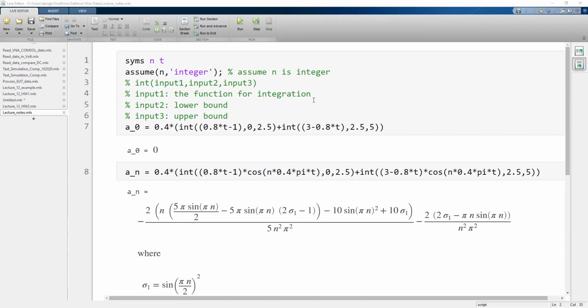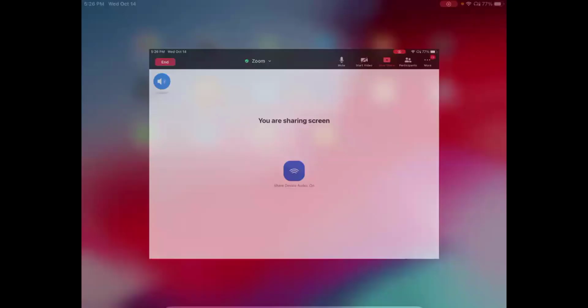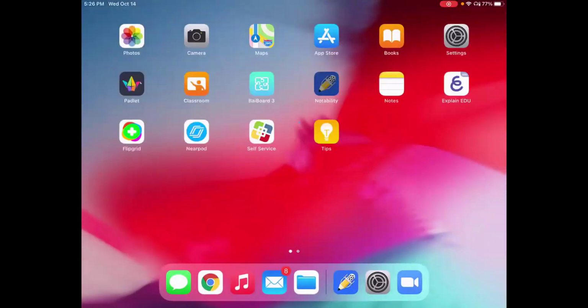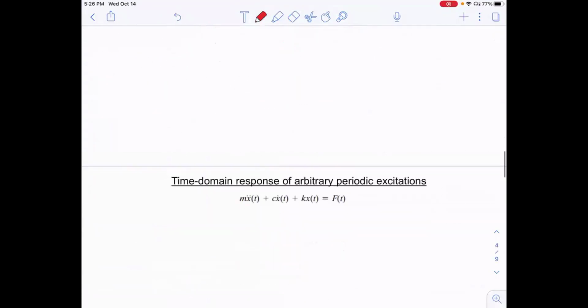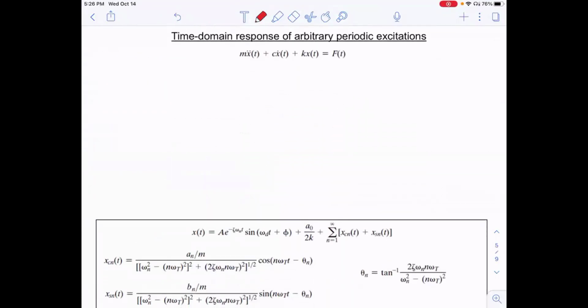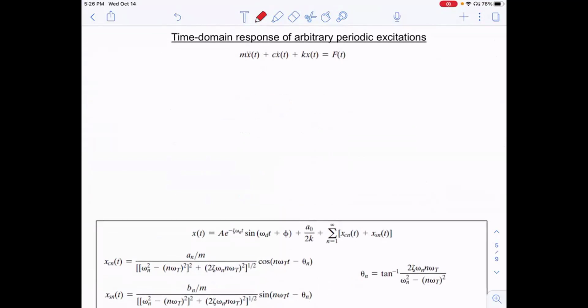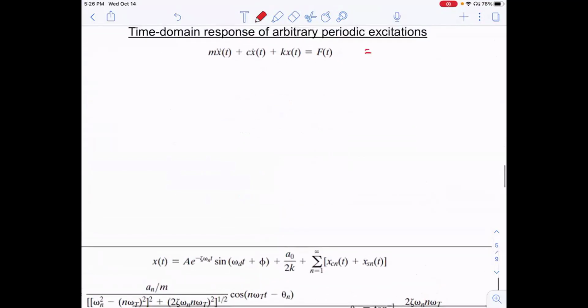All right, so we know Fourier series. Up to this point, we know how to convert a periodic signal into a bunch of sines and cosines. So once you have that, let's assume we have a second order system. Your F(t) is periodic.